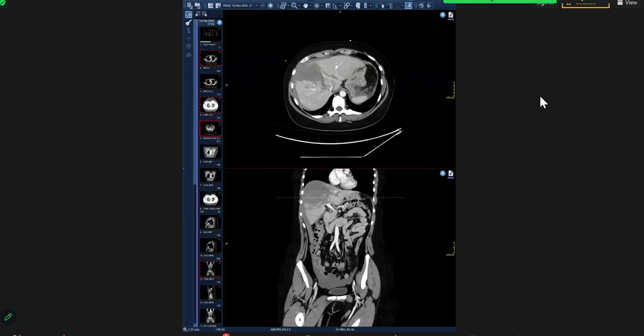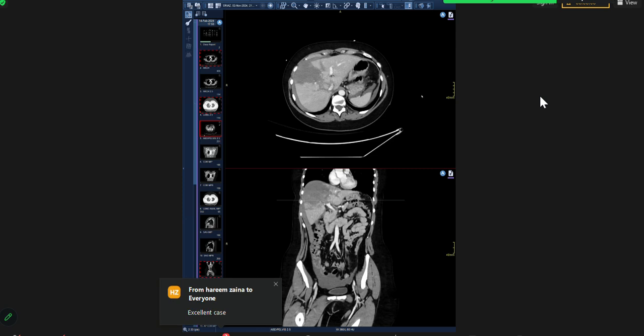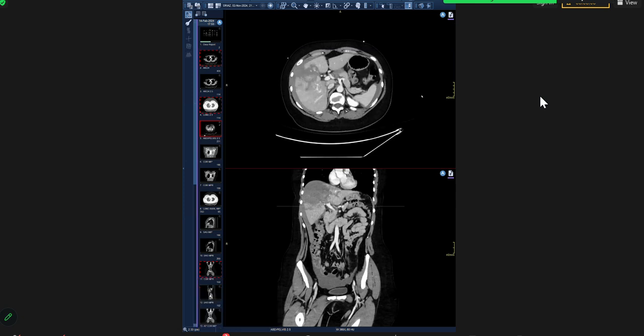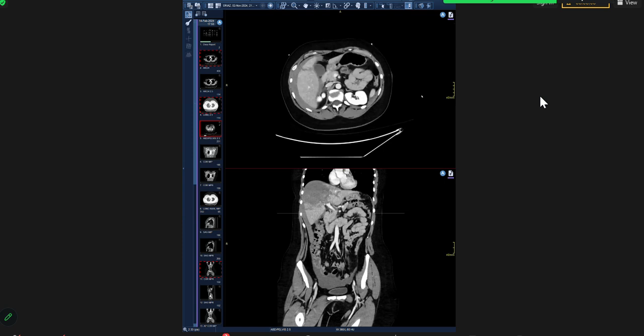Okay, it's your last case. CT abdomen with contrast showing hypodensity involving segments 5 and 7 of the liver with subcapsular hyperdensities as well. There are multiple linear hypodensities involving segment 5 of the liver.